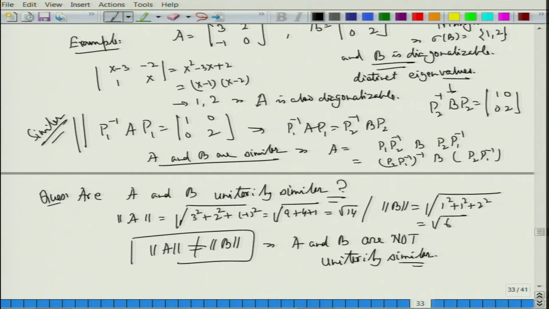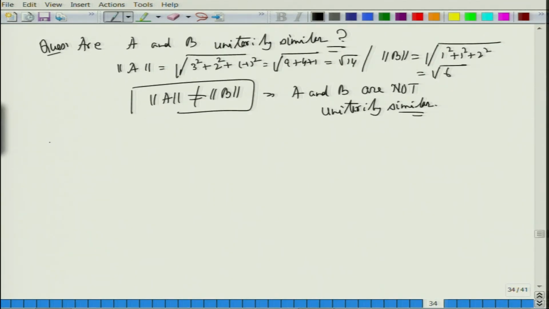So, I would like you to look at some examples where you can prove that two matrices are unitarily similar by some unitary matrix and so on. Fine. Now, let us look at the next idea, where we look at diagonalizability of special matrices. So, the definition of what is called a normal matrix.